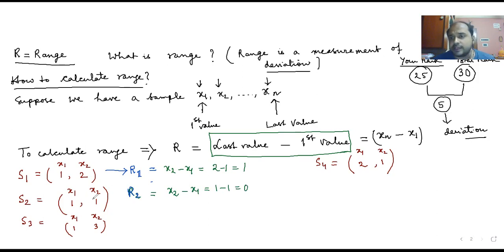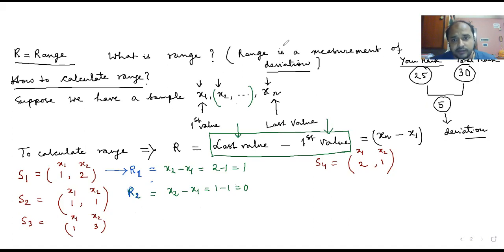No other values are there, right? So only one first value and last value is there, but in this case other values are there in between. So in calculation of range we only consider the last value and the first value, always remember.